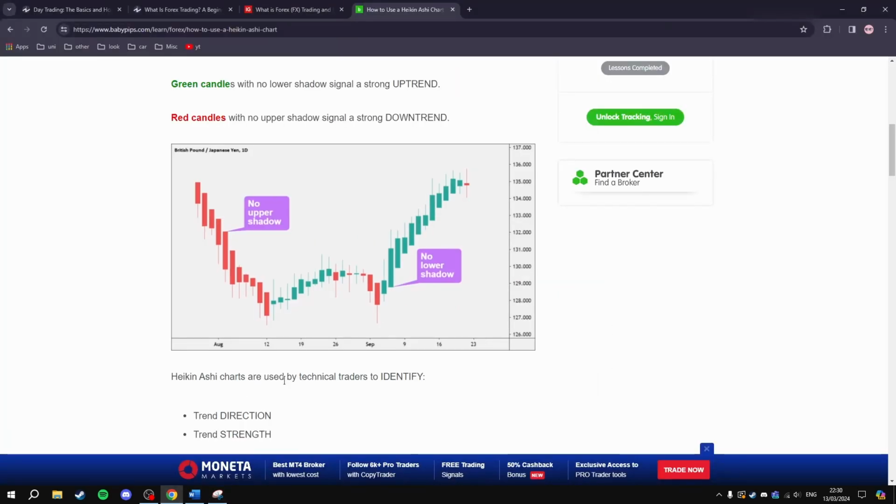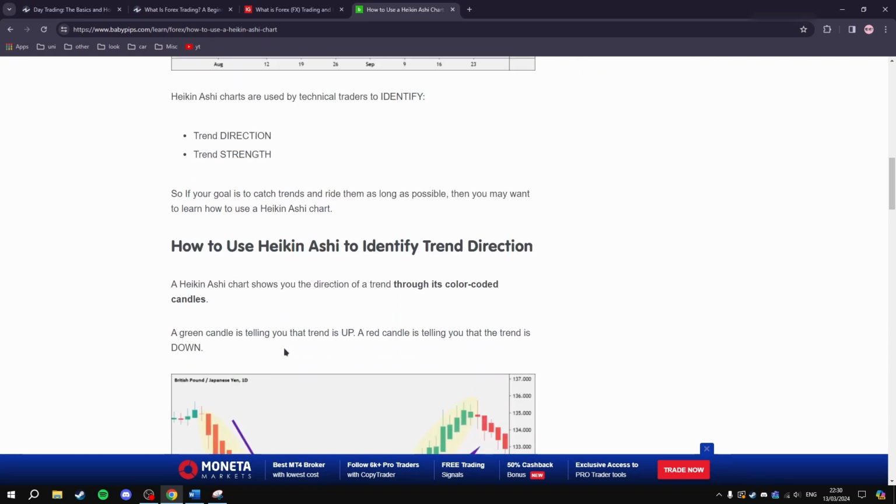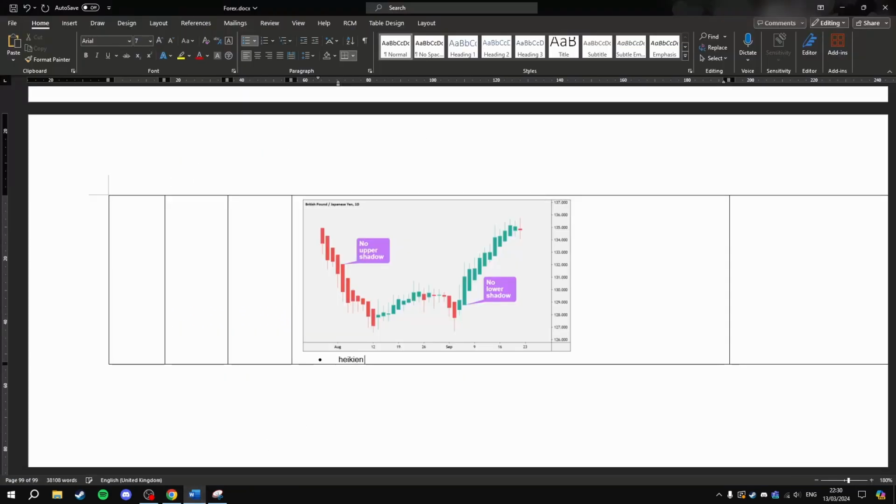Heikin ashi charts are used by technical traders to identify trend direction and trend strength.